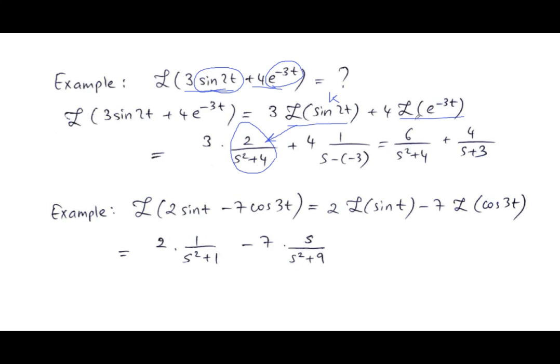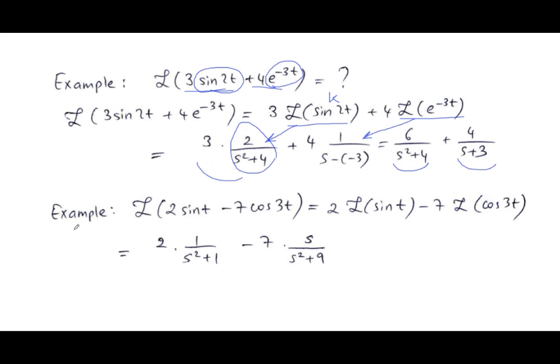And for the second expression here, this is also in the previous example, we have e to the power minus kt. So we have s minus k, and k equals minus 3. So this is minus minus 3. And we obtain, if we just rewrite this, the first term is 6 over s squared plus 4. The second term is 4 over s plus 3.